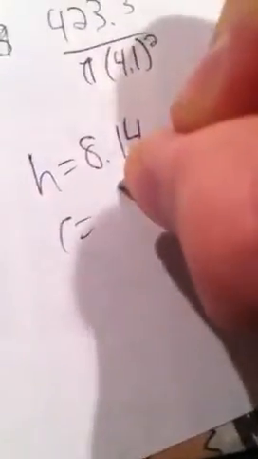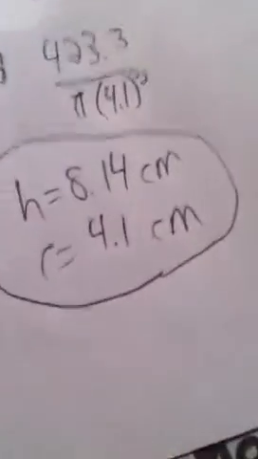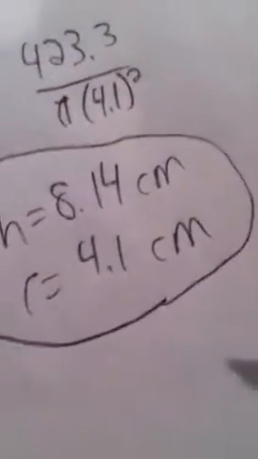And that'll give us 8.14. So those are our dimensions for a can with the same volume, 423.3, and the least amount of material used.